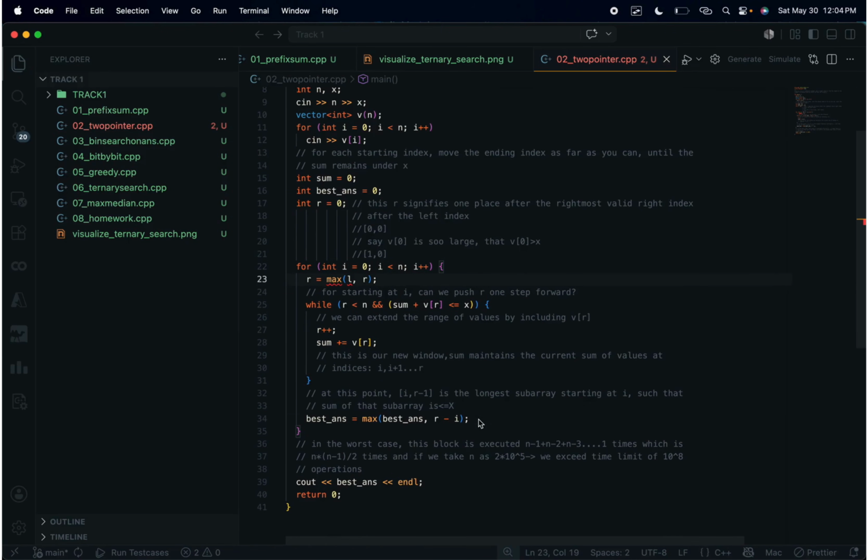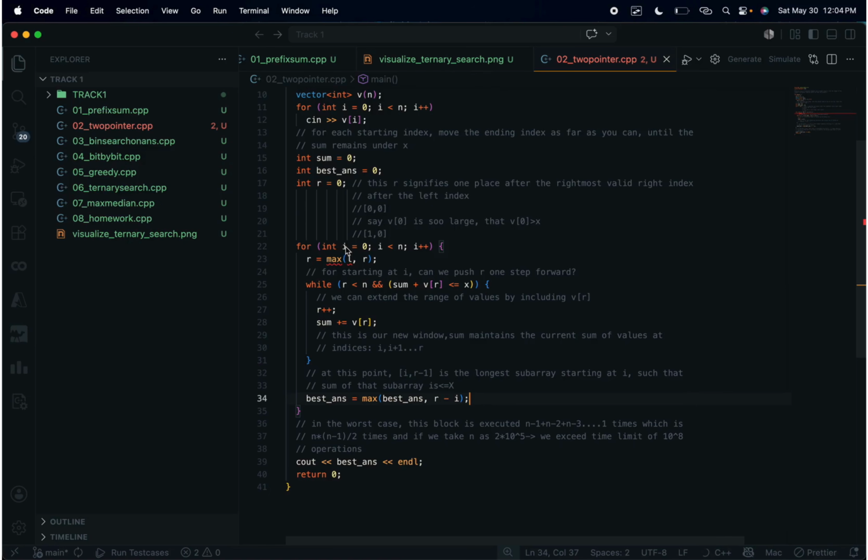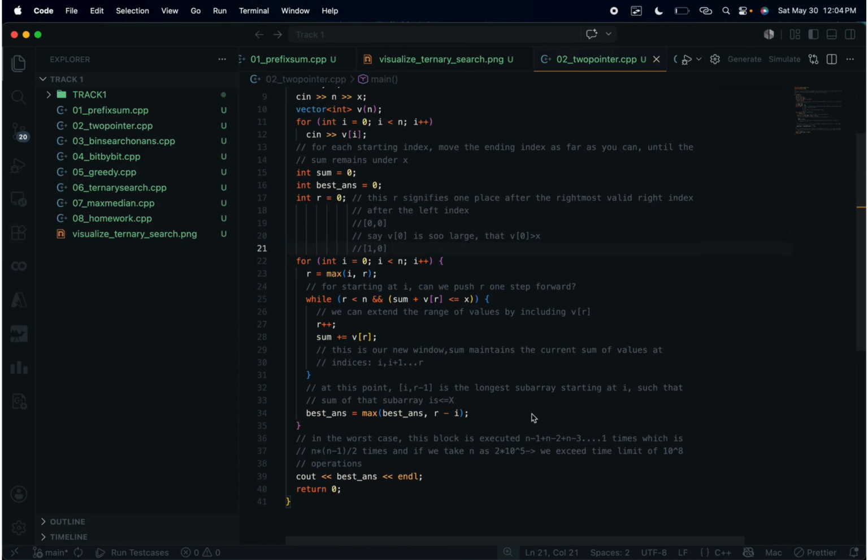Okay. And finally, while moving from I equal to 0 to I equal to I plus 1, we must definitely remove the I which was in our window. So each time we are trying to compute the longest subarray starting at I, such that the subarray is under the limit. Next time the subarray would be starting at I plus 1.